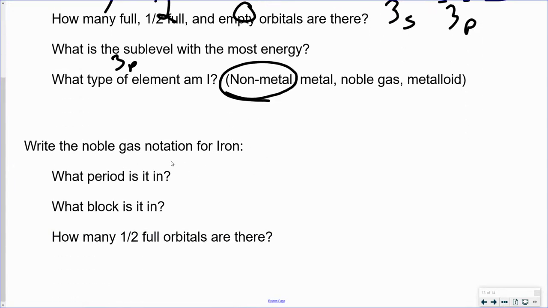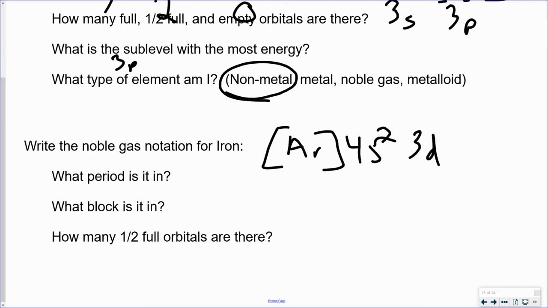So if you write in the noble gas notation based off of iron, so you go 1 up, that's going to be argon. And then you're going to have 4s2, 3d6. So what period is it in?